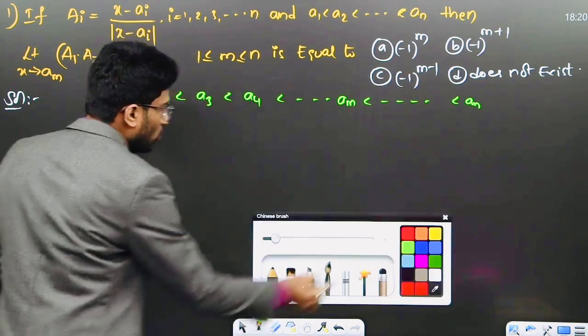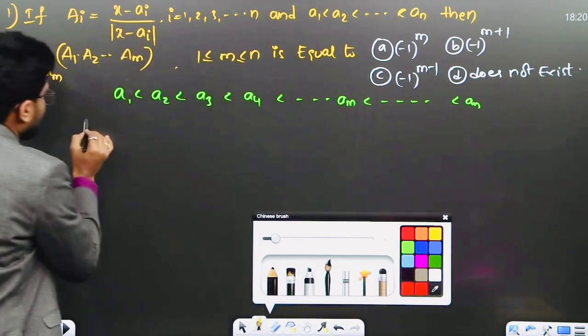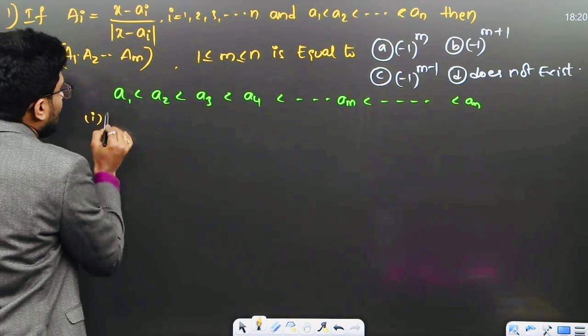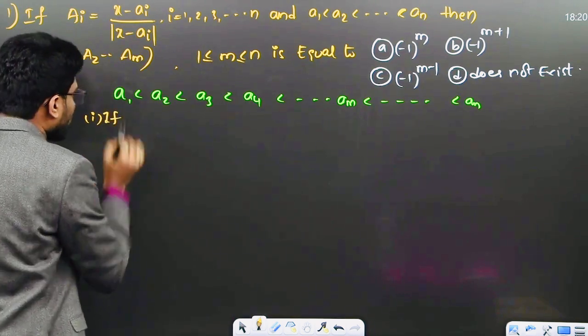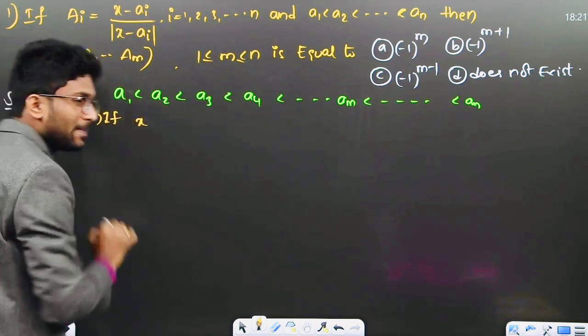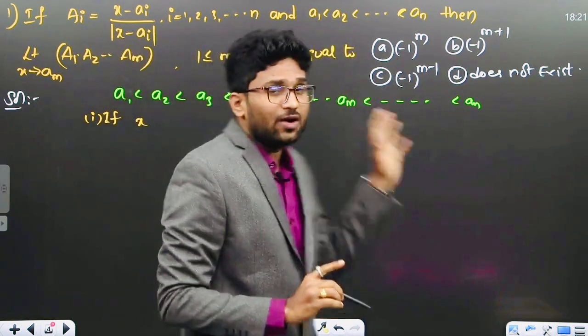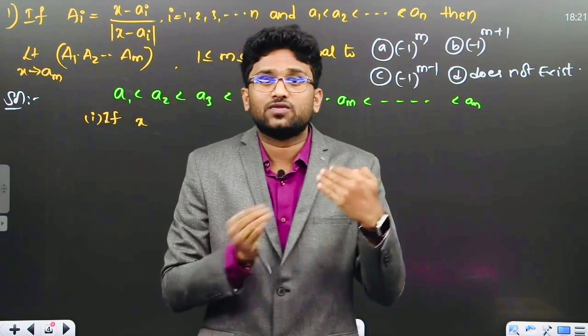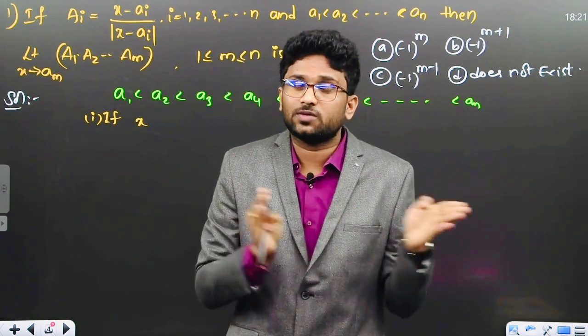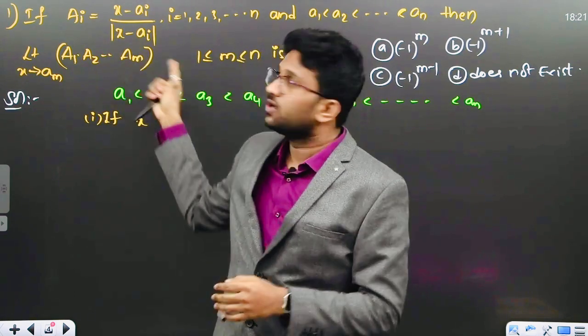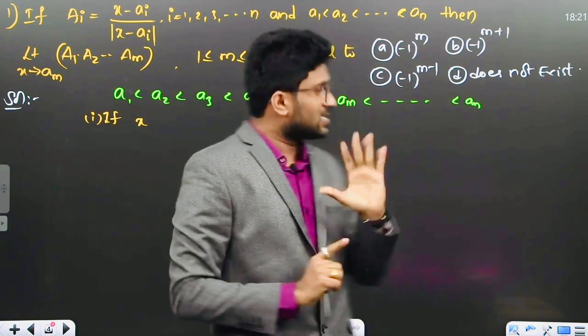Now I am going to take two beautiful cases. First case: because in our limit we have modulus, first we have to come out of that particular modulus. To come out of that particular modulus, we have to check the sign of x minus a_i.